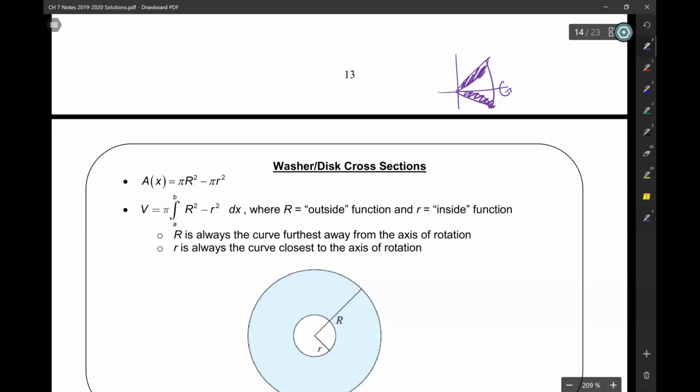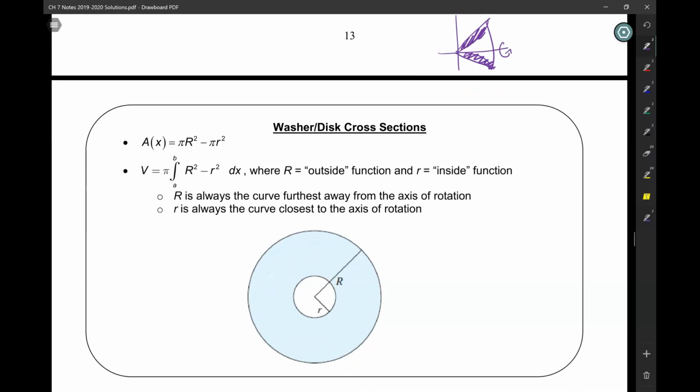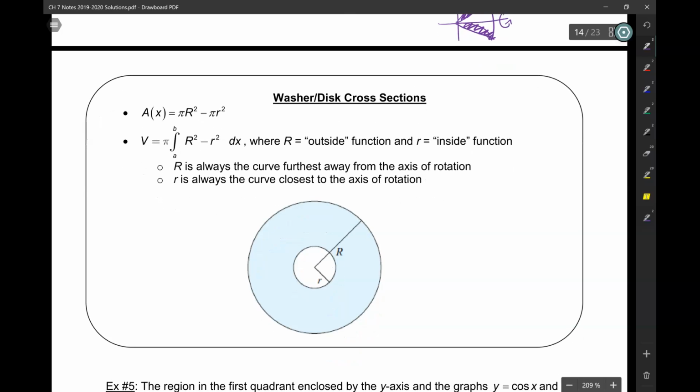So now when I draw a cross section, I get a washer and not a disc. And so what the cross section looks like is this. And now if I want to find the area of the shaded part, this is back from when we were in middle school: pi big R squared minus pi little r squared, right? The big area minus the little area.